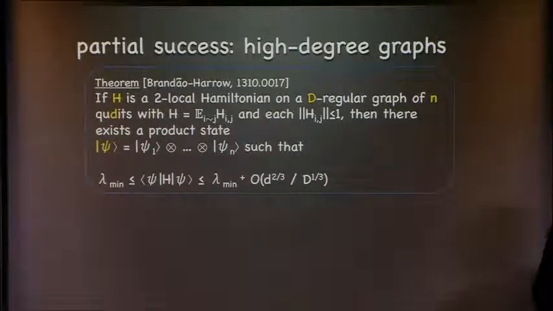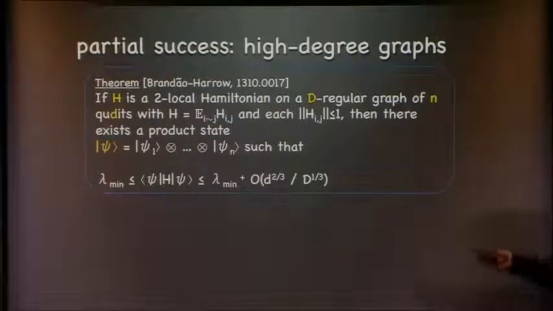Your Hamiltonian has high degree. Think of it as a 2-local Hamiltonian. That does not mean spatially local. It means that each interaction involves 2 qubits. And so you can think of the Hamiltonian as a graph. The graph will be capital D regular, where D is the degree of each vertex. It's on n systems, each of lowercase d dimension.